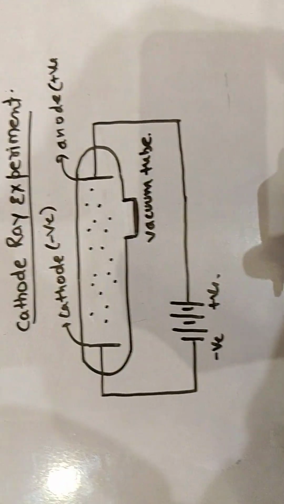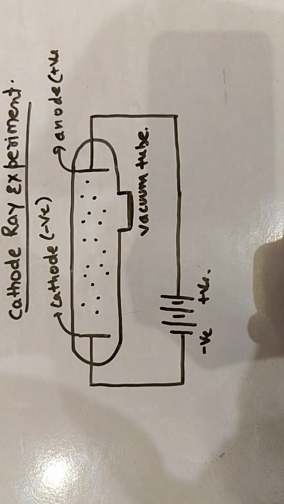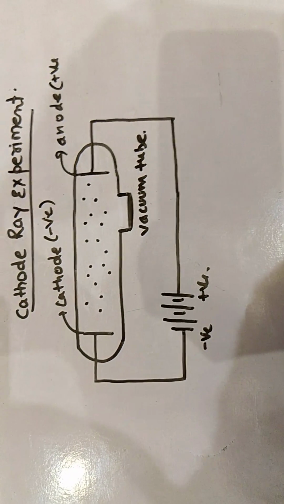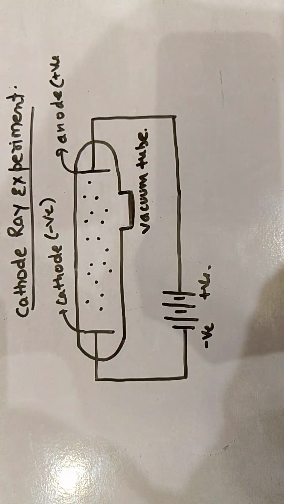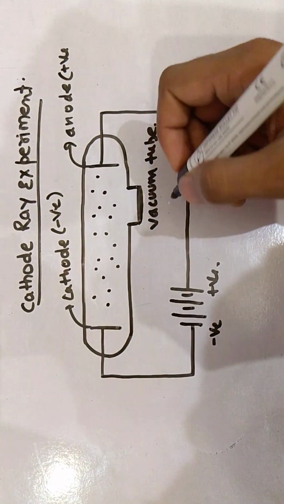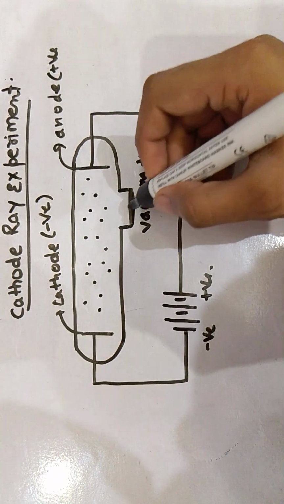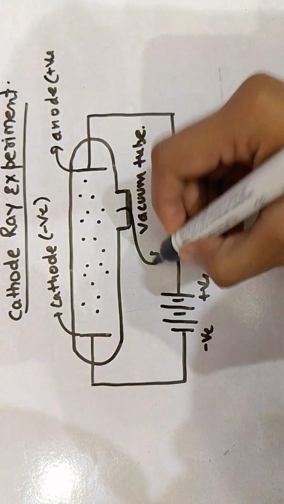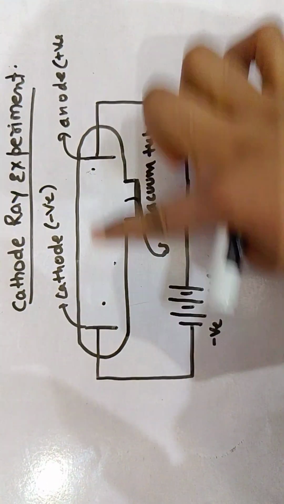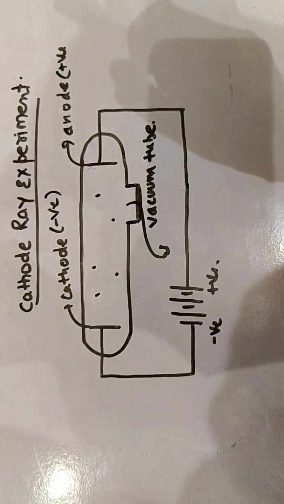At high pressure there would be no change in this setup. But when we eject this hydrogen gas from this vacuum tube, then we get low pressure of hydrogen.